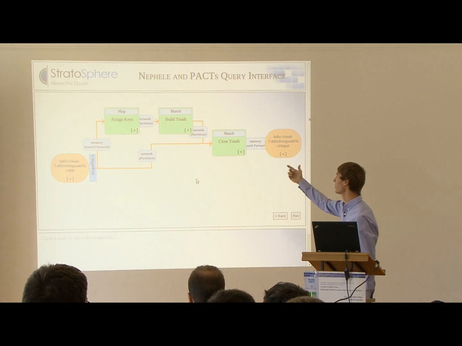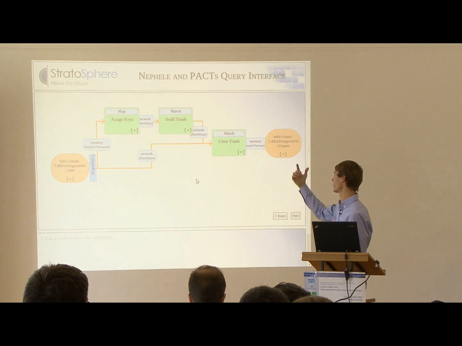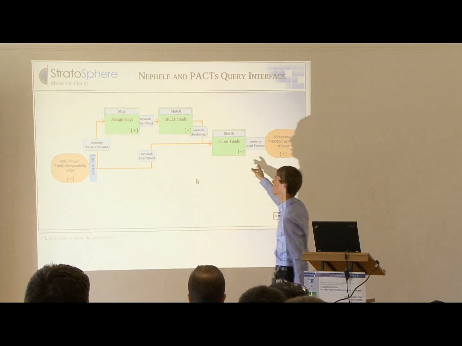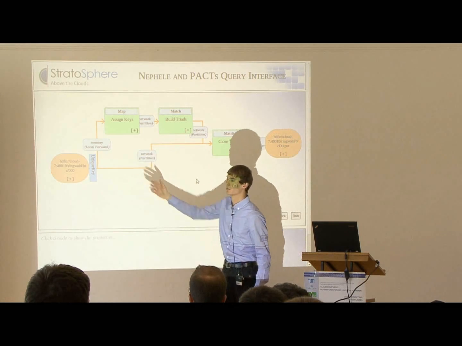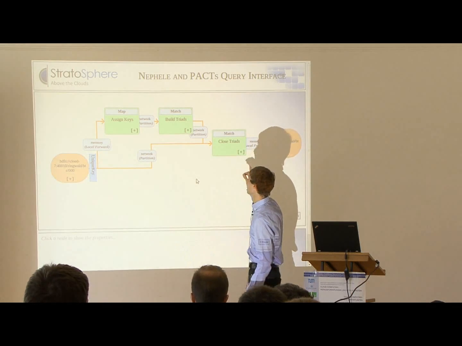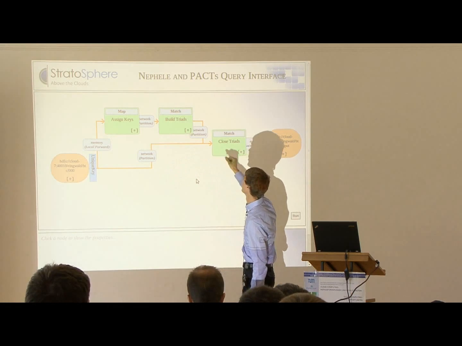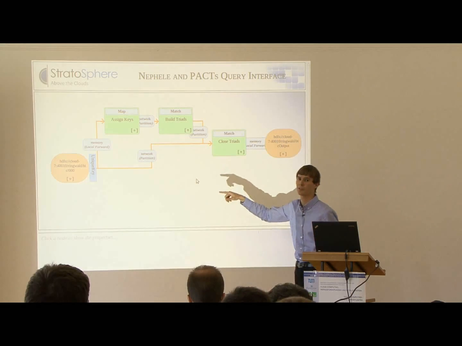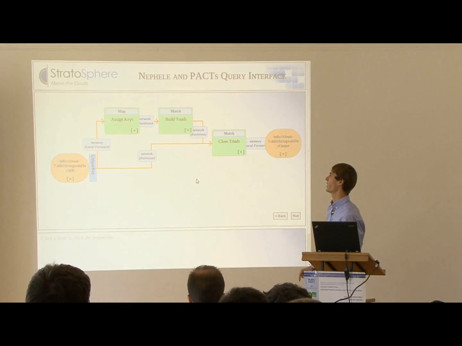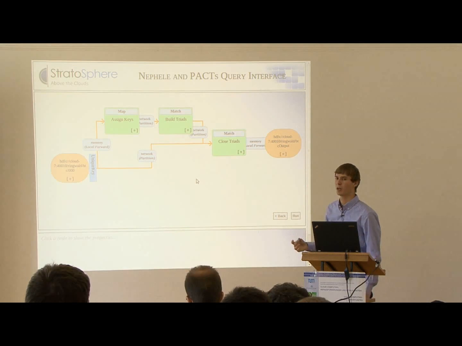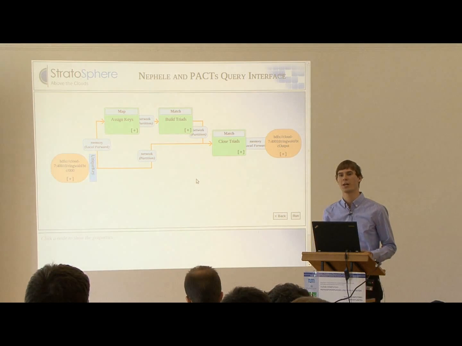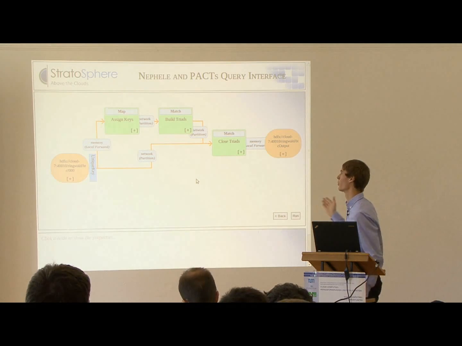Then we have the match contract, which builds the triads, and the second match contract, which closes the triads with the original input data. What we also see here is that we have connections between the contracts, the data sink and data source, so that all of them are connected to form something like a dynamic data flow.